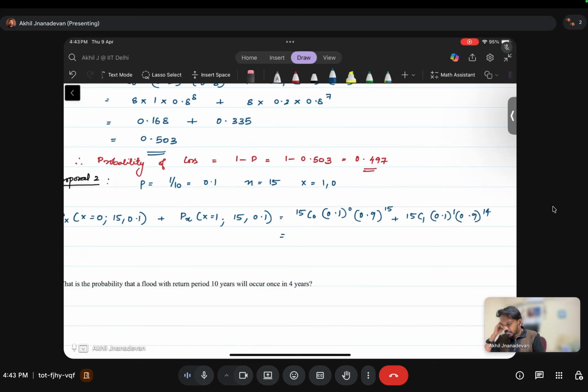If you solve this, it will be around 0.206, and this will be around 0.343, and in total it will be 0.549.